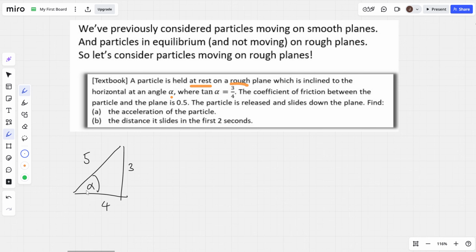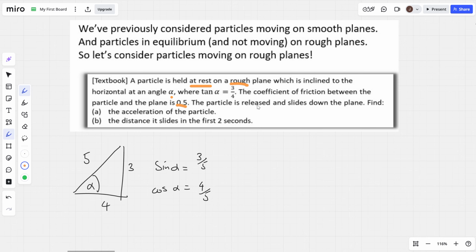So we have to use this one here, and typically you use this one to get your sine alpha or cos alpha. So sine alpha in this case is opposite over hypotenuse. Okay, so we're going to use these instead of actually working out what an angle is. So the coefficient of friction is 0.5, okay?